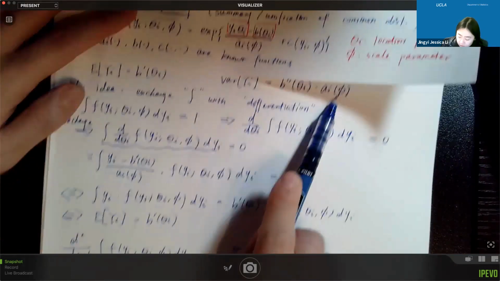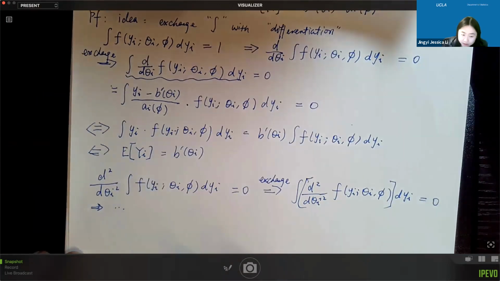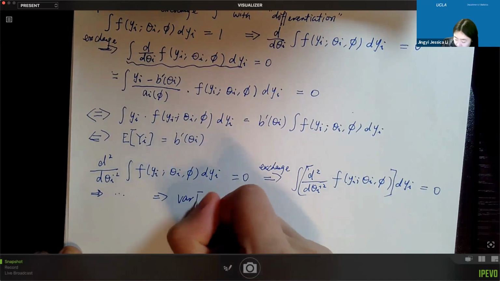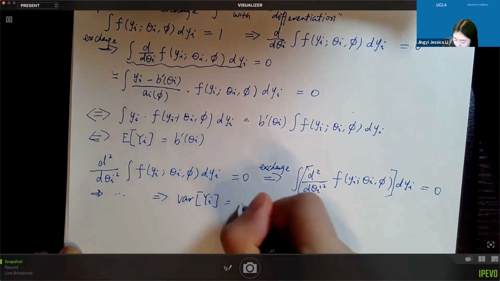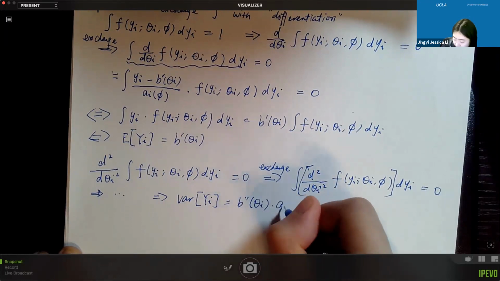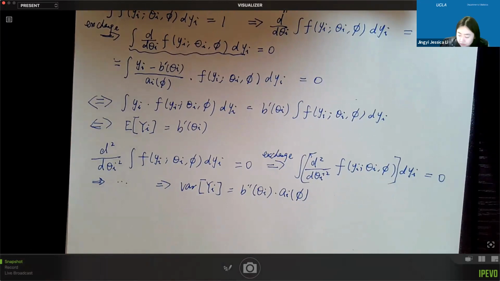Skipping the steps, which are in the notes, you can check them out. You can see that we will have the variance of yi as the second derivative of b at θi times ai(φ). We're going to use this result later, but this is good to know for now.